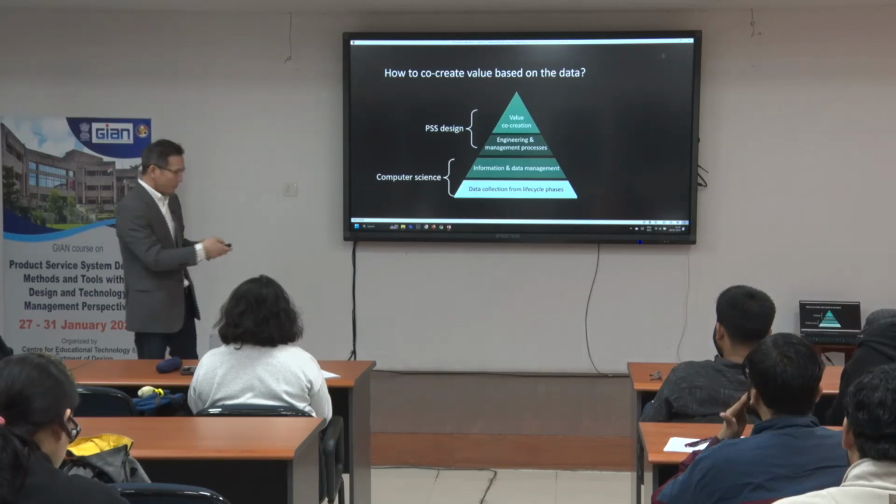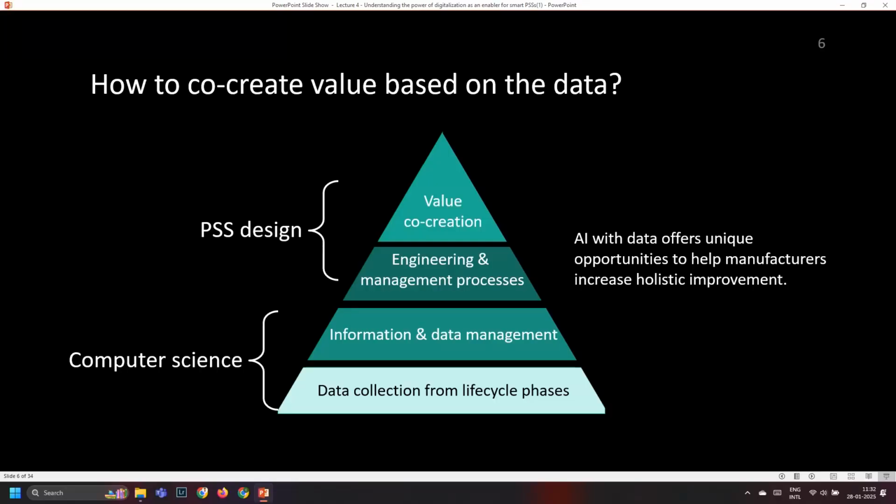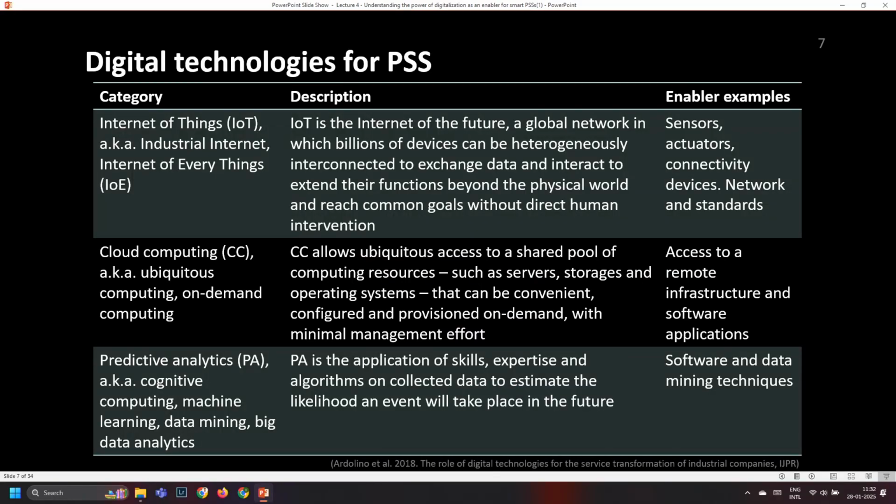And also AI, especially generative AI, provides unique opportunities for doing PSS design in a different way than what was possible before. So now, regarding the technologies, meaning how to address and use the data that I explained earlier.